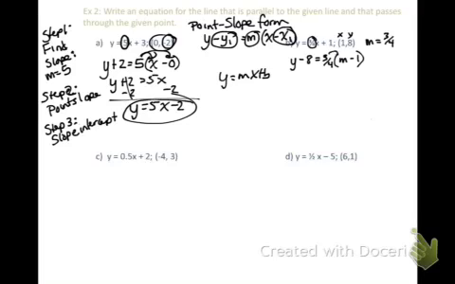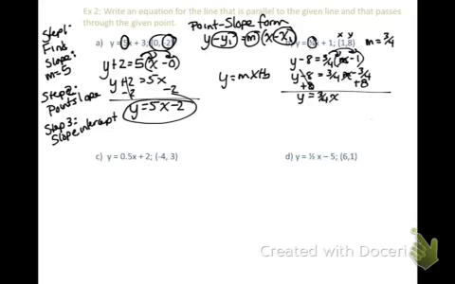And then distribute. So y minus 8 equals 3/4 x minus 3/4. Then I'm going to add 8 to the like number. So y equals 3/4 x, then negative 3/4 plus 8.